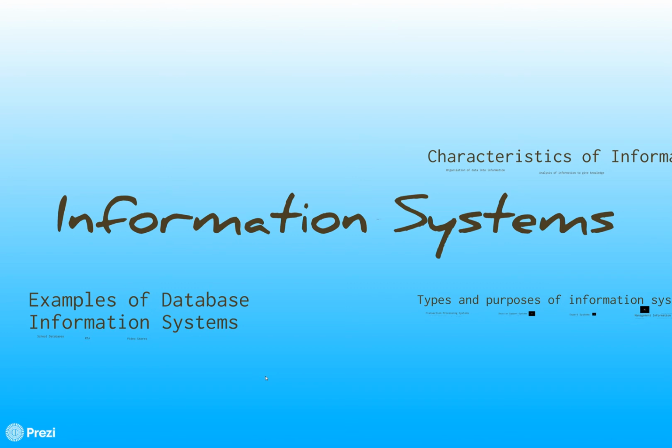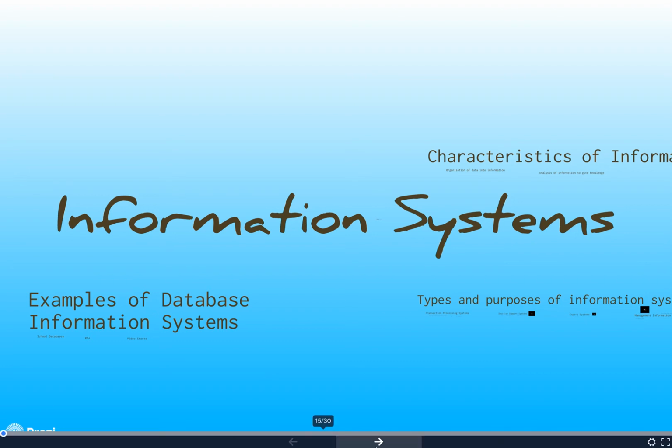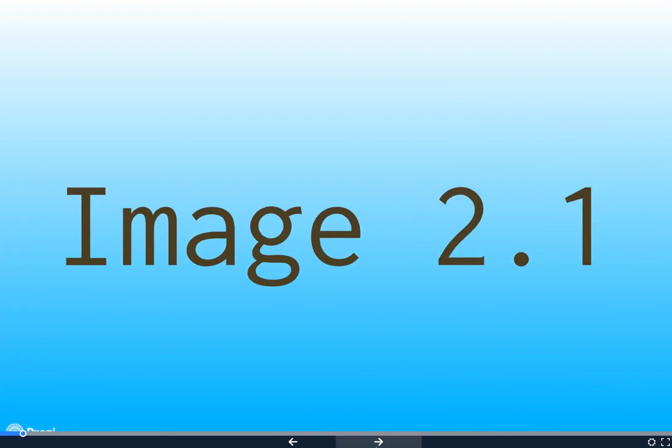And information systems, I've already explained to you, are basically DBMSs, and they perform the information processes of collecting, organizing, analyzing, storage, and retrieving. So the first part of this is to look at, in your textbook, the image 2.1. I'm not going to get that up on this screen here, but you can see there are some very important parts of the computer, and there's 5 components of a computer: the input, output, storage, processing, and control.